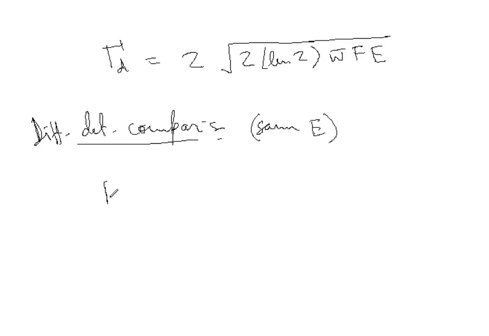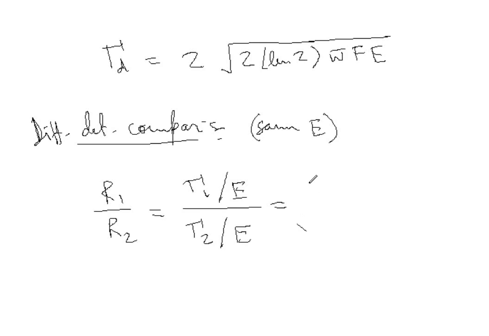For the two detectors, let us write down R1 by R2 is equal to gamma 1 by E, same energy as I am talking about, over gamma 2 by E, and this basically gives me W1 F1 divided by W2 F2. So what does this tell us?